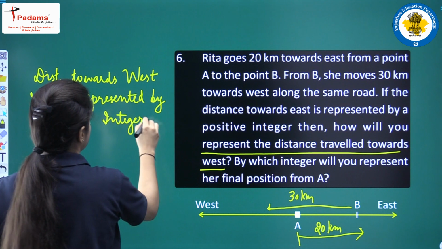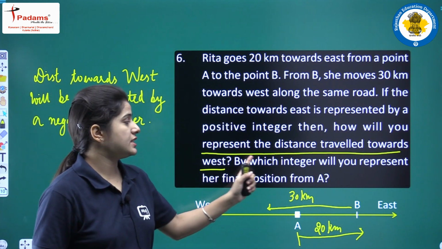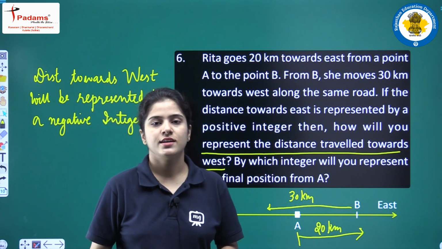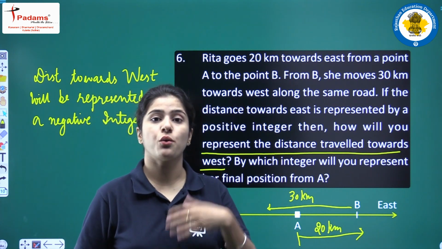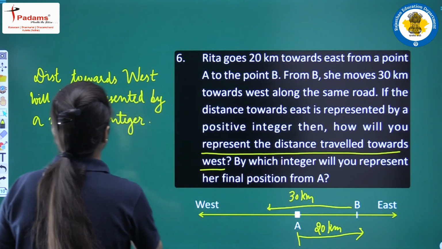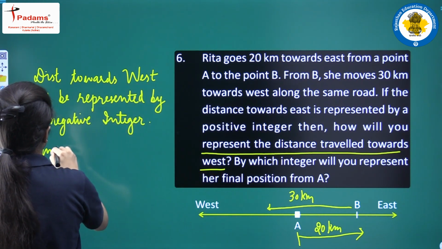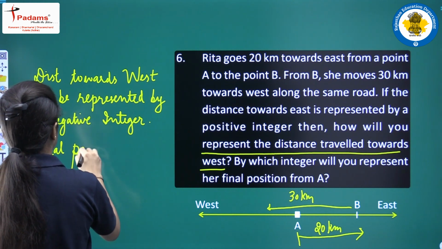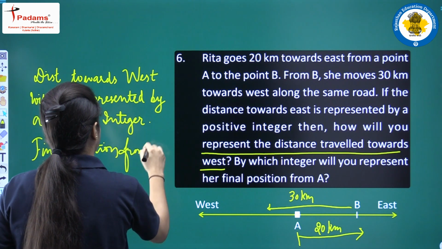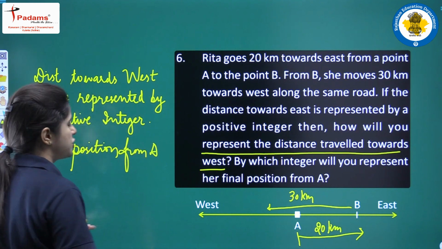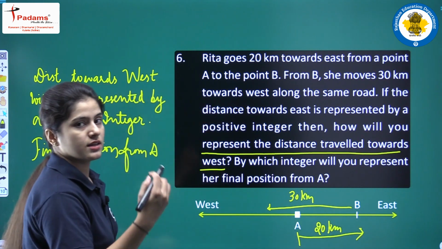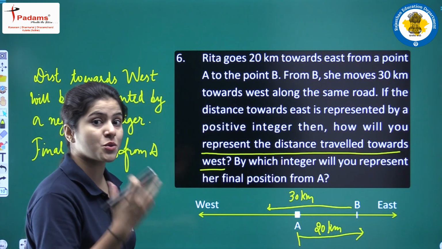Alright students, so by which integer will you represent her final position from A? In this particular case you also have to find her final position from the point A. So for her final position from A, when she started from A, she first goes to the point B and travels a distance of 20 kilometers towards east.